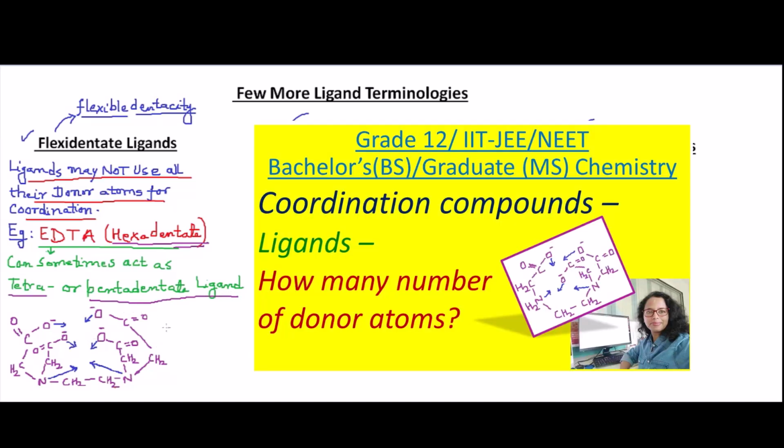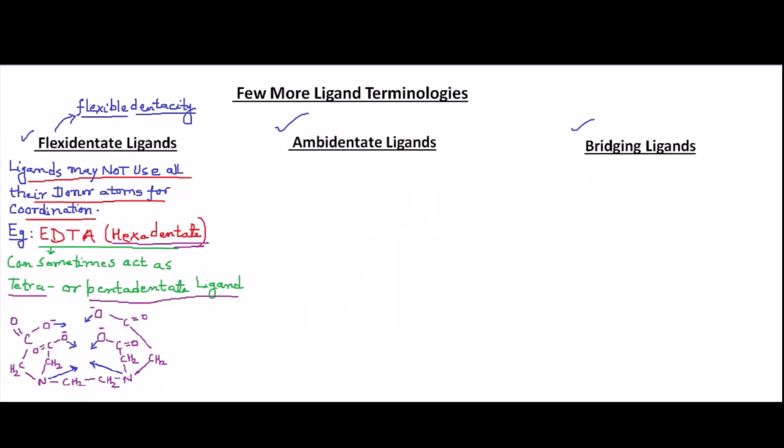For this recap, I have put a structure of the EDTA that we had discussed previously. You can see that there are 6 donor atoms, 4 oxygens and 2 nitrogens, that make it a hexadentate ligand. But sometimes all the 4 oxygens may not be used.